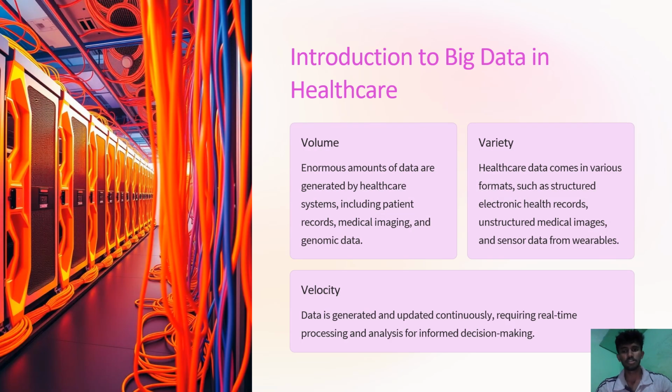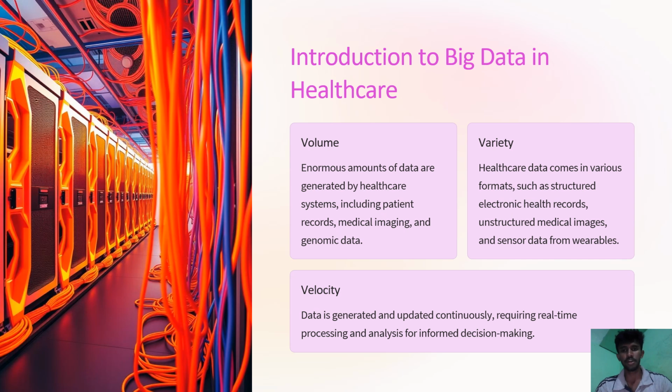Let's move on to the introduction to big data in healthcare. It contains volume, variety, and velocity. First, volume: the amount of data generated by healthcare systems, patient records, medical imaging, and genomic data.